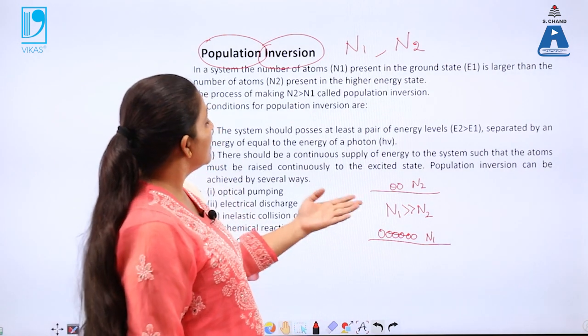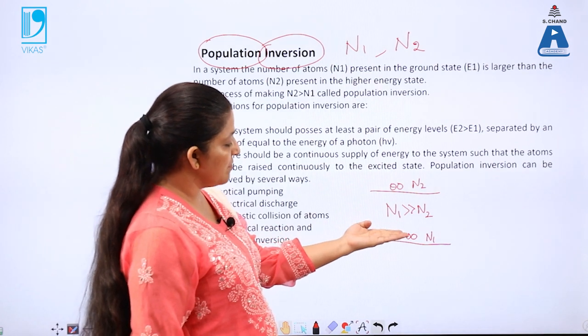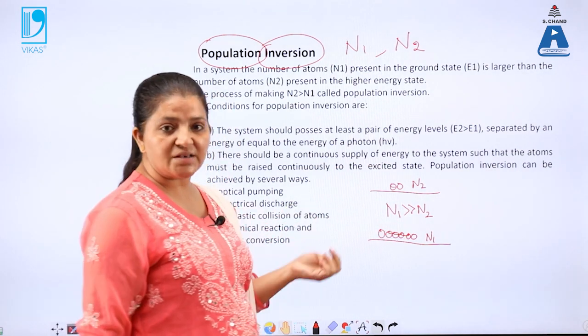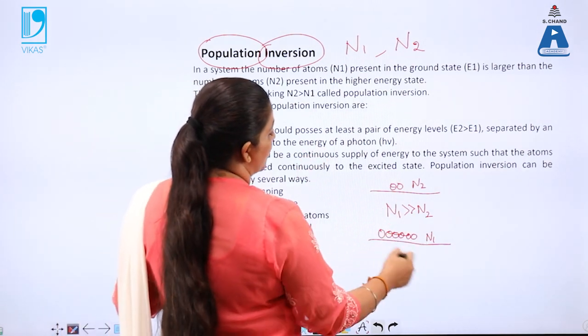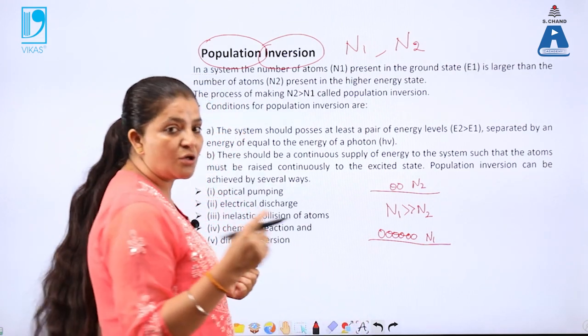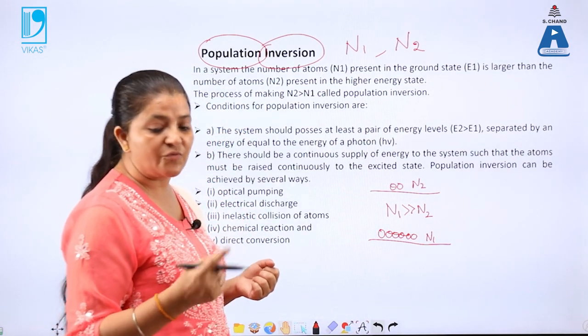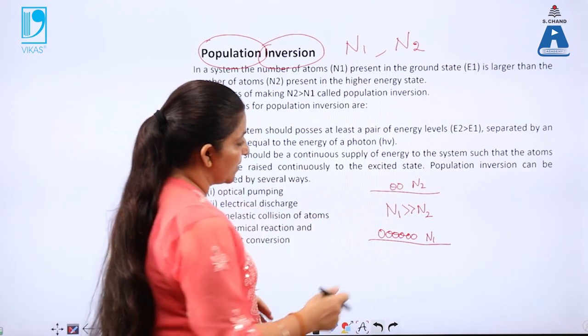Now we know that the atoms will jump from the ground state to the excited state. So more atoms will be present in the excited state than in the ground state.